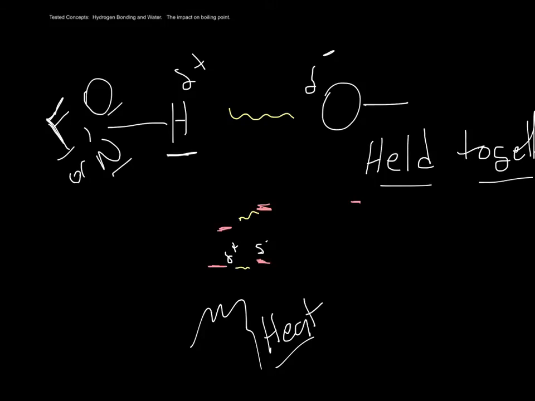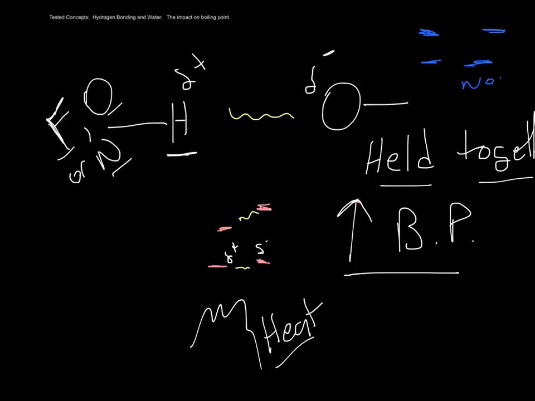They're being held together by this force, and so their boiling point will actually be higher than another group of molecules that are not polar, like so. These molecules, being non-polar, are not going to hold together because there's no partial positive or negative as there is in this molecule here, right? So these molecules are positives and negatives.